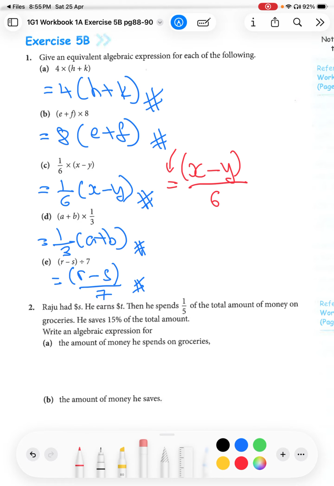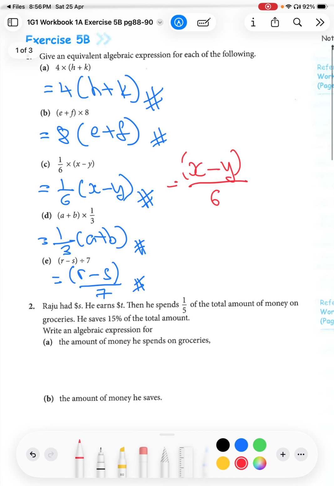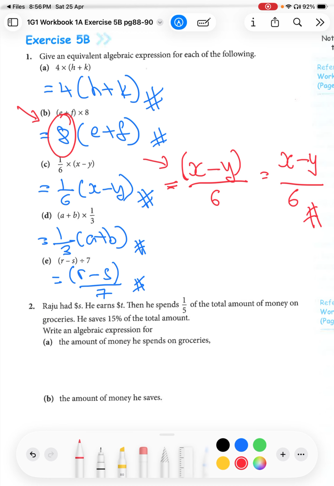You compare this one with this one. There's a number 8 here. This has no number. So technically, you don't need the bracket. You can just write x minus y over 6. This is also correct. You write like this, you write like this, both are correct. It's the same answer.